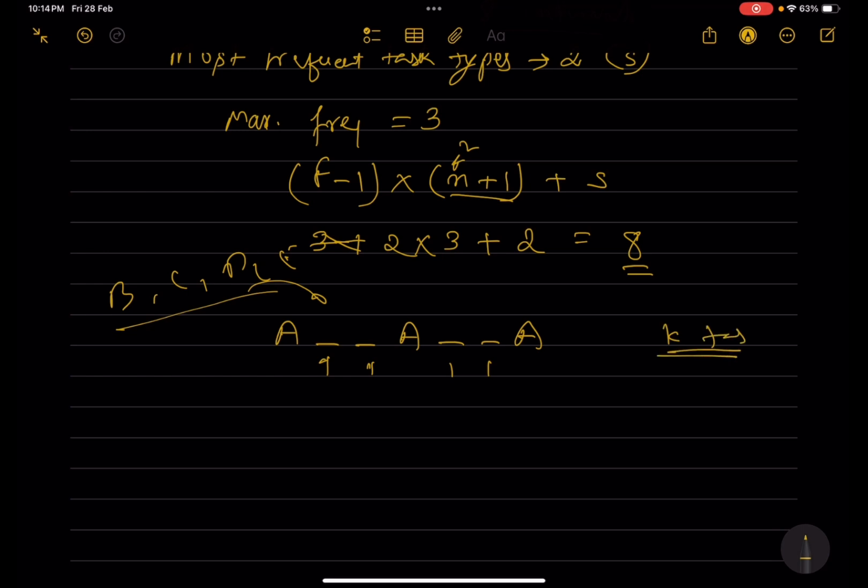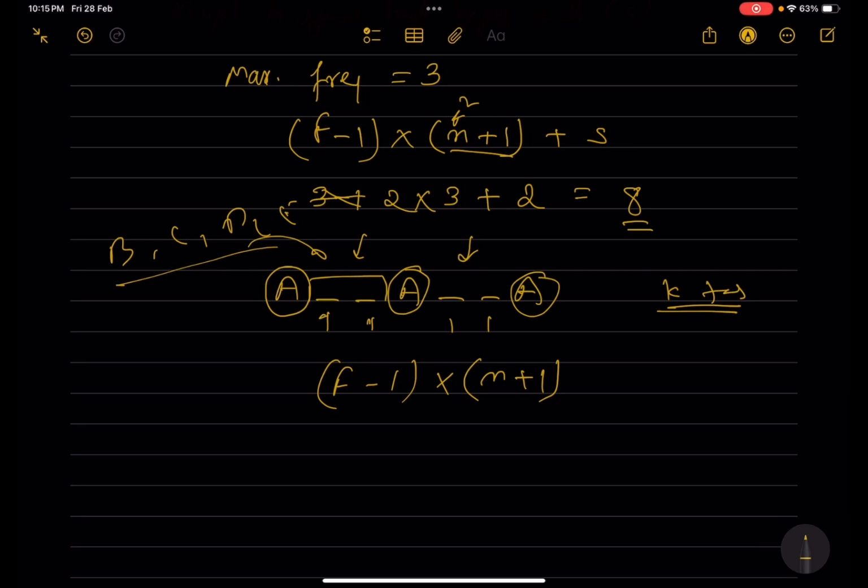Let's say A is 3 times over here, there would be 2 gaps. That means f minus 1. Now we are multiplying it by the number of tasks that can be placed here, that is n equal to 2. But since we have to find the total number of intervals required by the CPU, we have to consider this A also. Hence it becomes n plus 1.